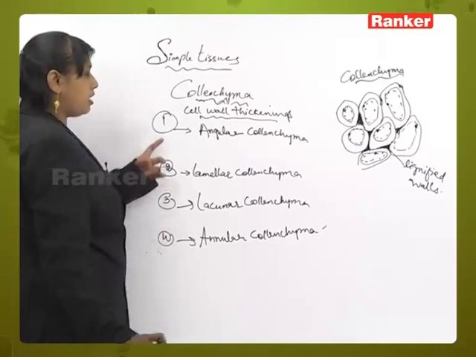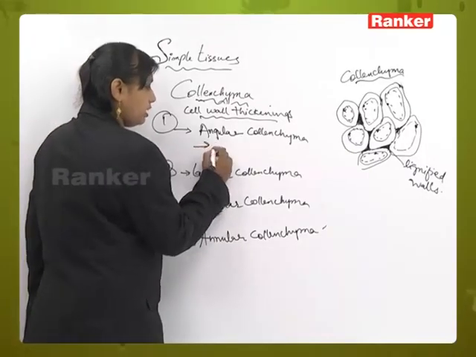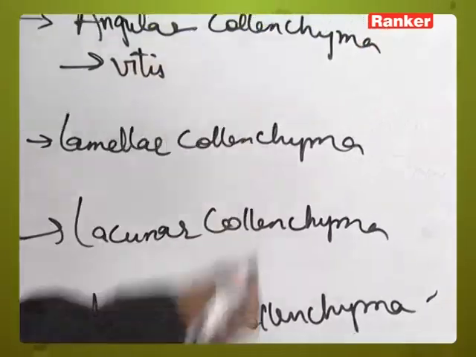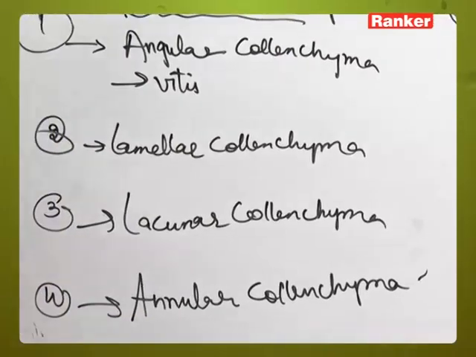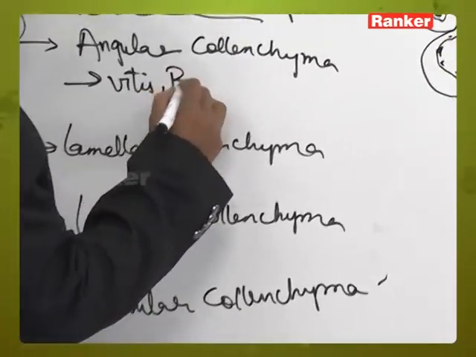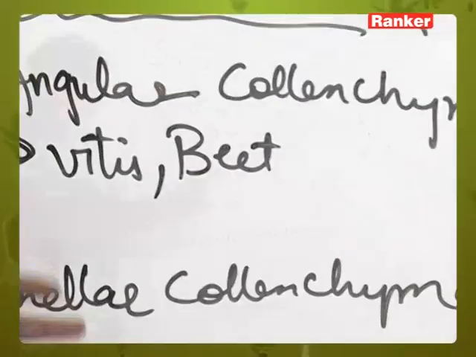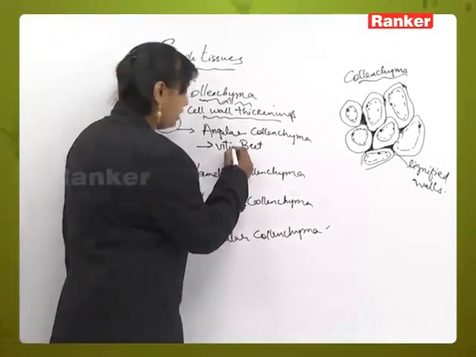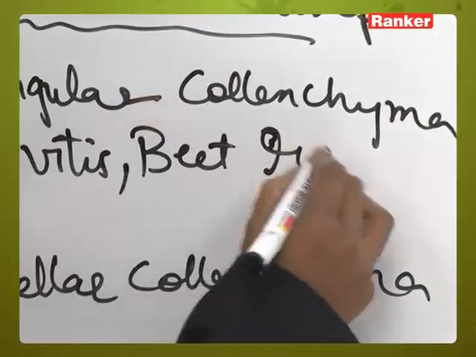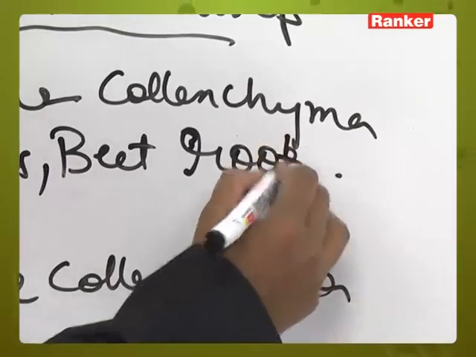Okay. Now, the example for angular Collenchyma is vitis. You will also see the presence of angular Collenchyma in vitis and beetroot. Now, what do we mean by angular Collenchyma?